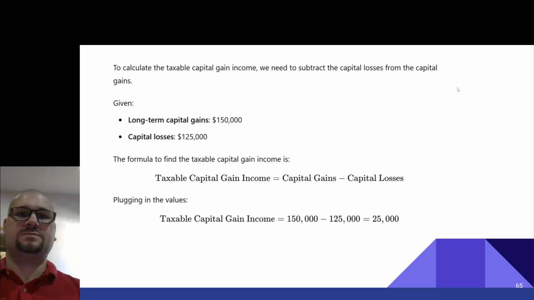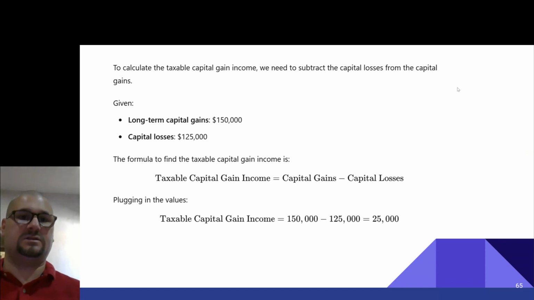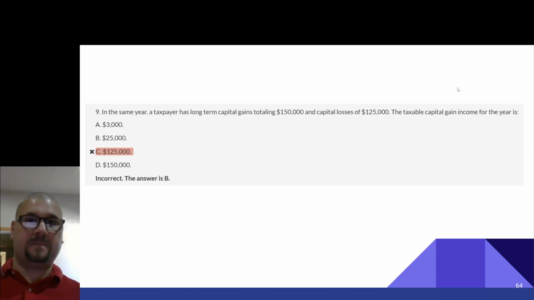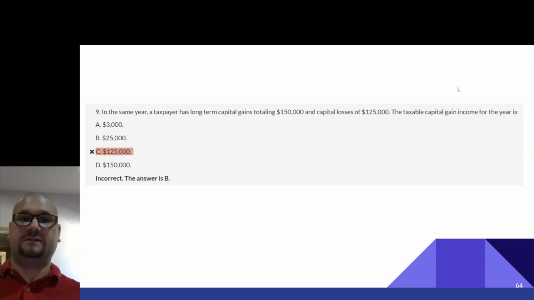To calculate the taxable gain income, we need to subtract the capital losses from the capital gains. It's usually that fact: how much you have minus the loss, and that's the long-term capital gains. Your long-term capital gains were 150,000. Your capital losses were 125,000.